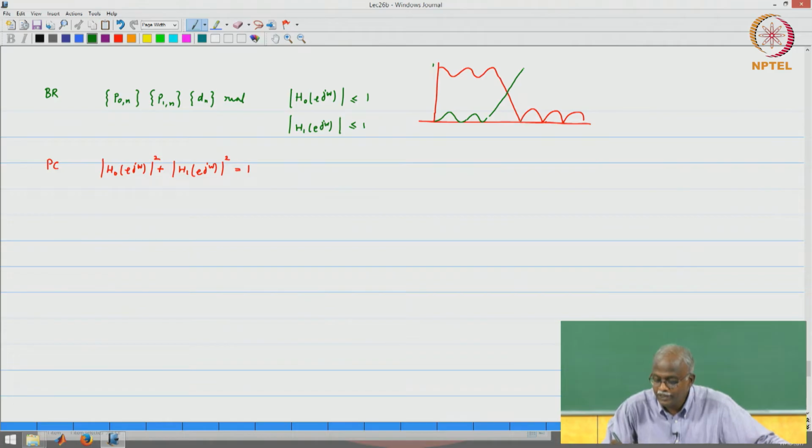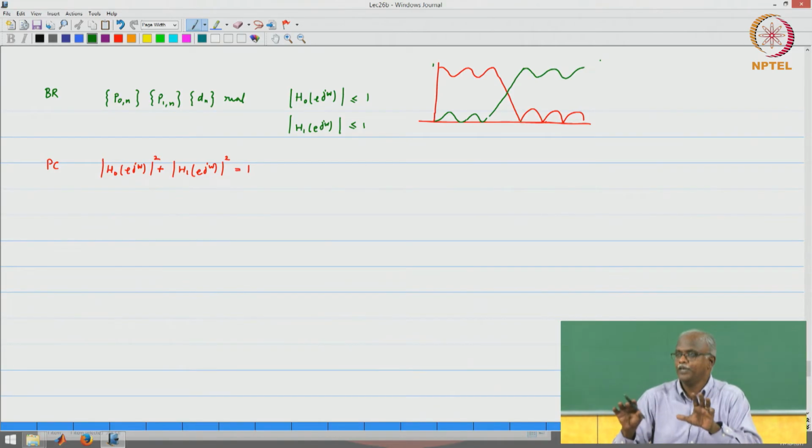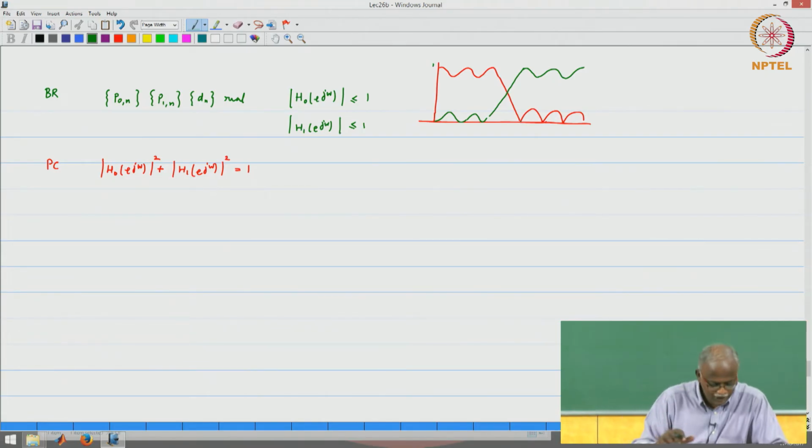Wherever this one hits a 0, this one will reach a maximum. So the power complementary property gives you a very nice relationship between the two, and one of them being a low pass will force the other one to be a high pass. This is a very useful property for us to have.